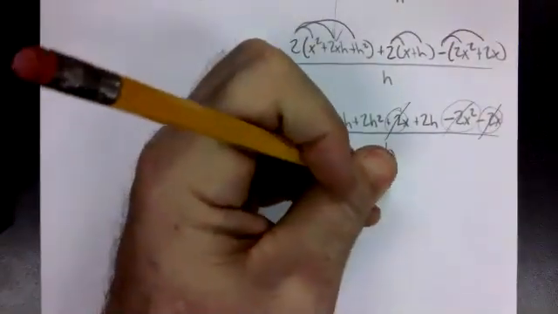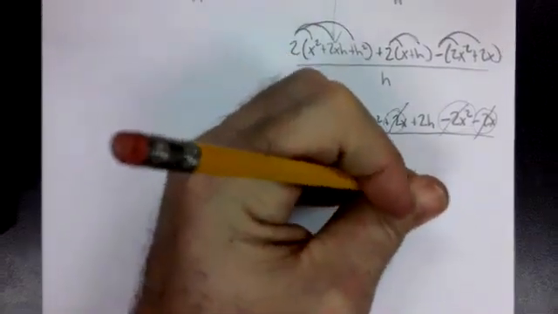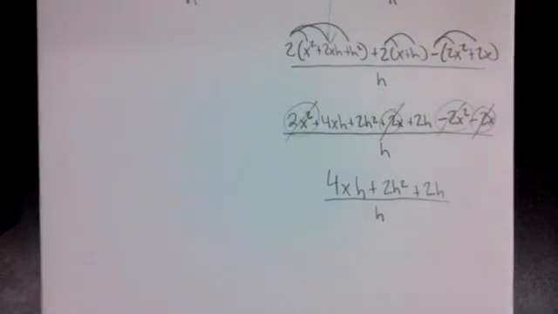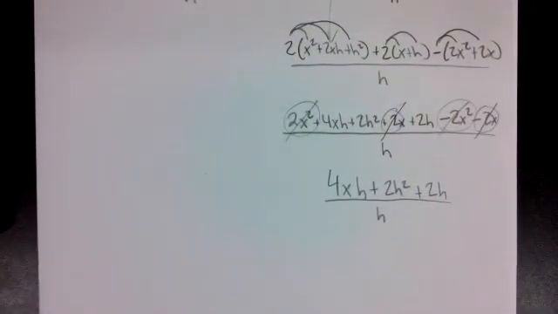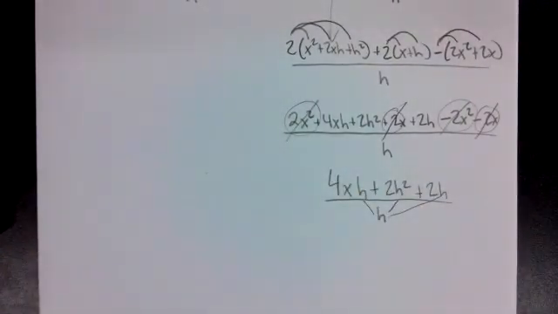We've got 4xh plus 2h squared plus 2h all over h. So again, as long as these all have an h, we can basically divide that guy out.